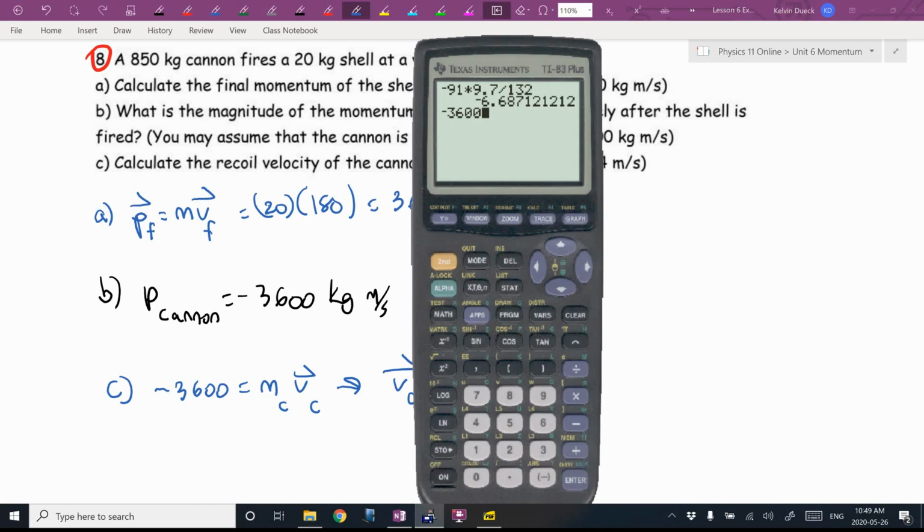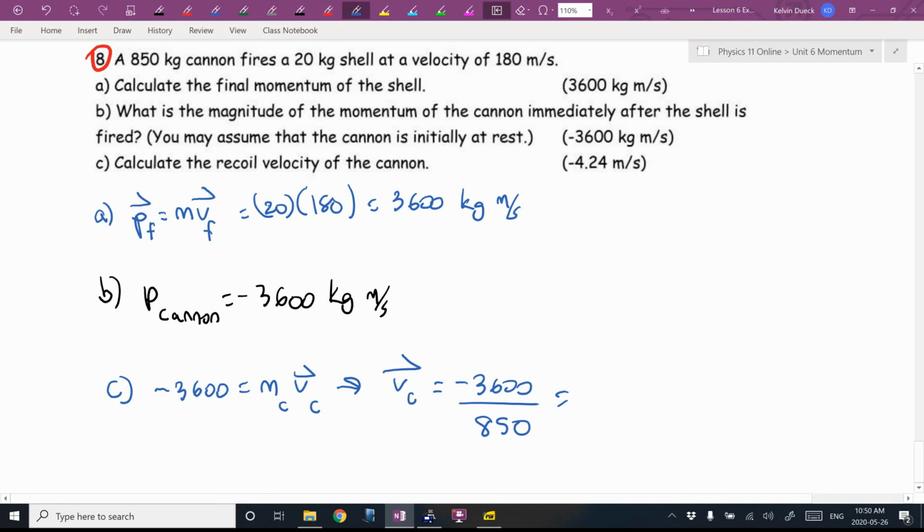Negative 3,600 divided by 850, and I get negative 4.24. So the negative means backwards.